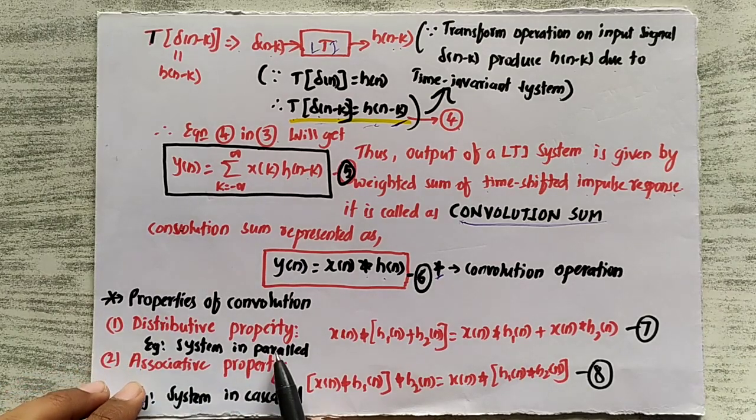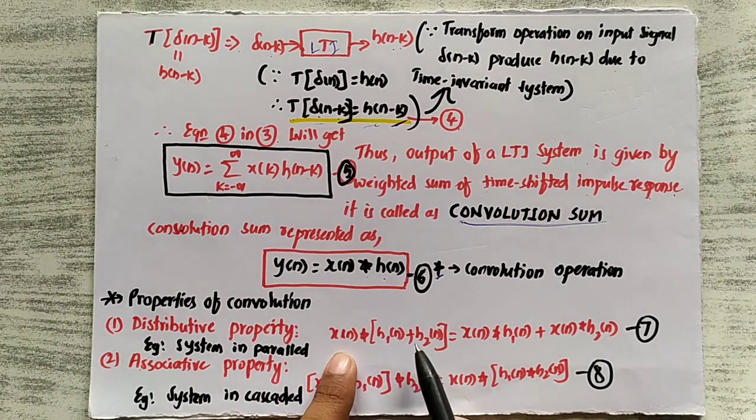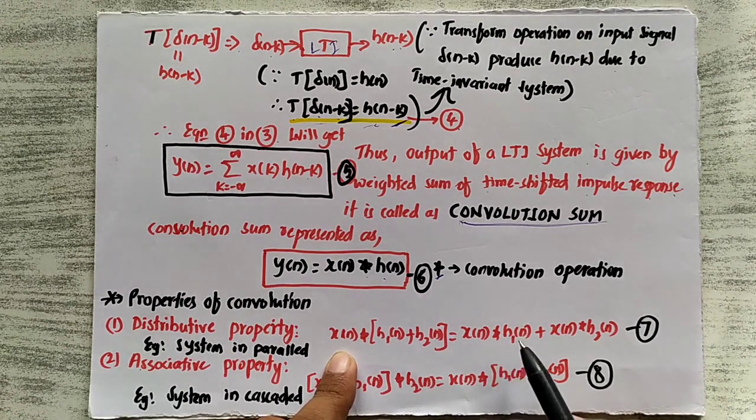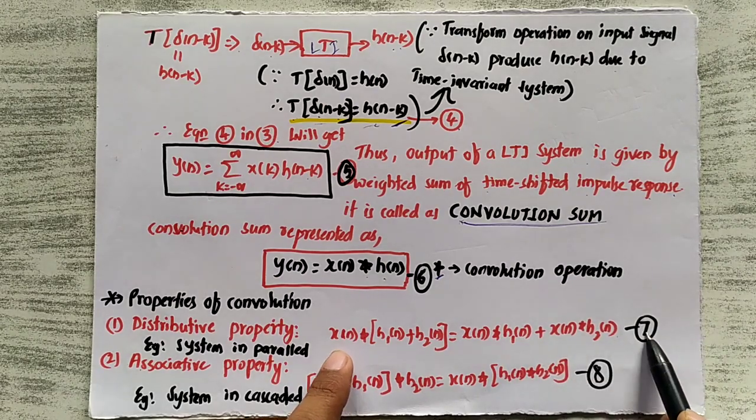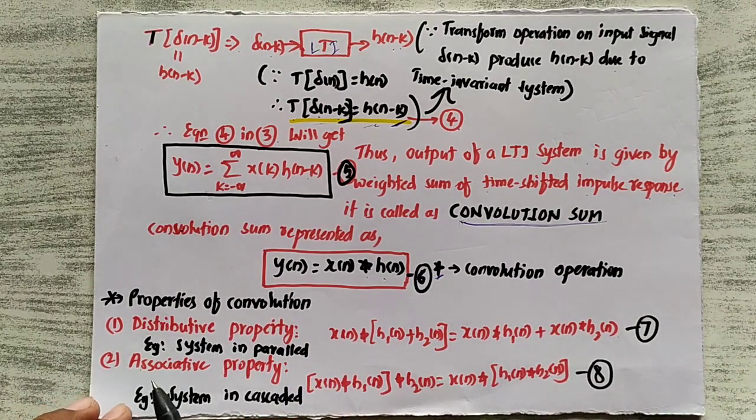Consider x of n as an input signal, and h1 of n and h2 of n as the impulse responses. It can be written as x of n convolution h1 of n plus x of n convolution h2 of n. This is equation number 7. So convolution is distributive.